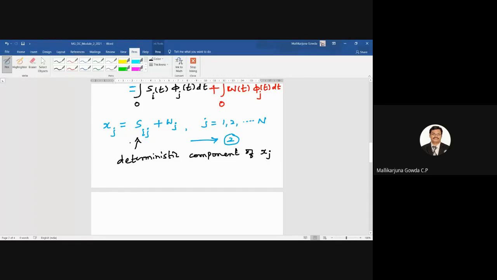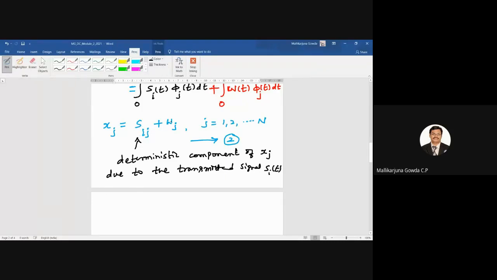Because Sij is due to the transmitted signal Si of t. From Si of t, I get Sij as a coefficient.